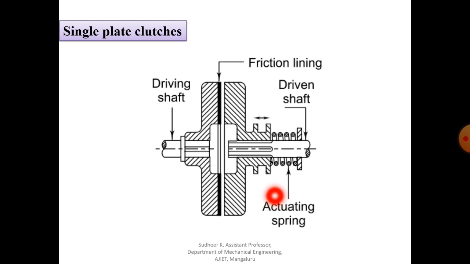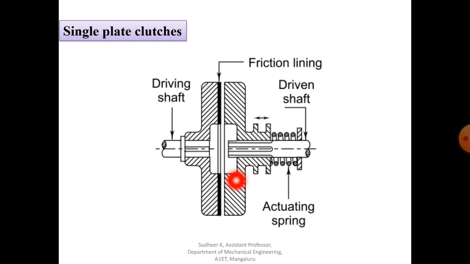Now what will happen? Initially the power is transmitted from the driving shaft to the driving flange by means of a key. You know the different types of keys. Then the power is transmitted from the driving flange to the driven flange by means of the contacting forces, that is, the force arising between the friction lining.